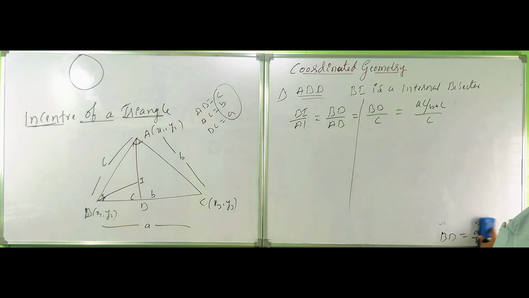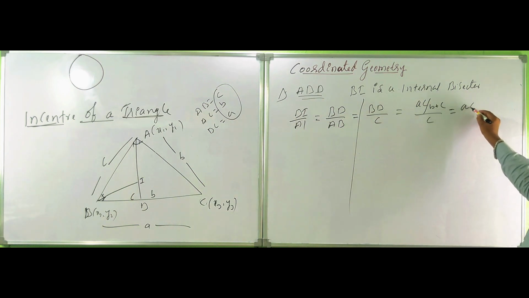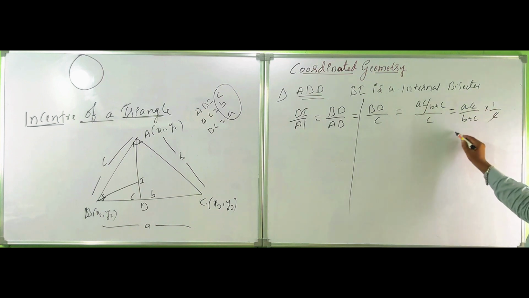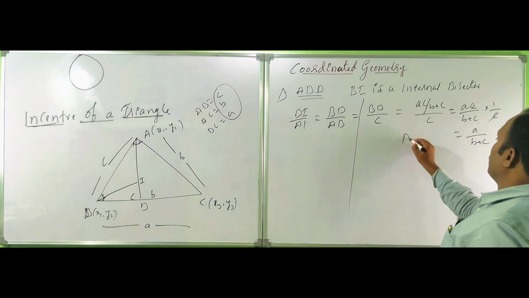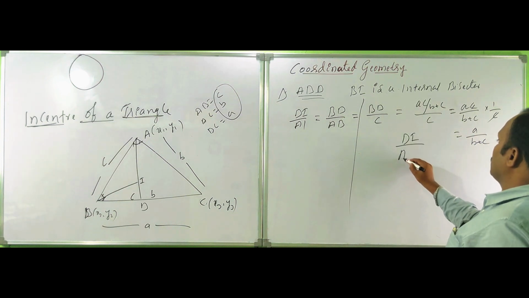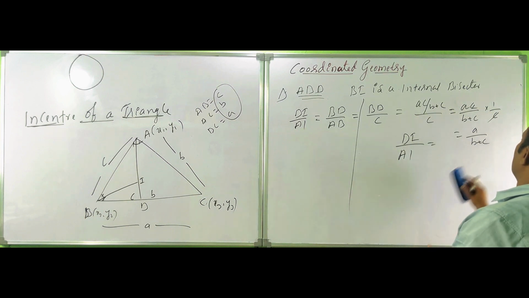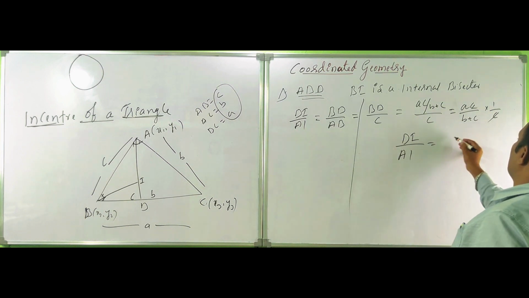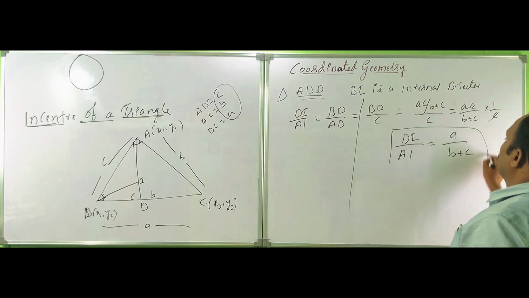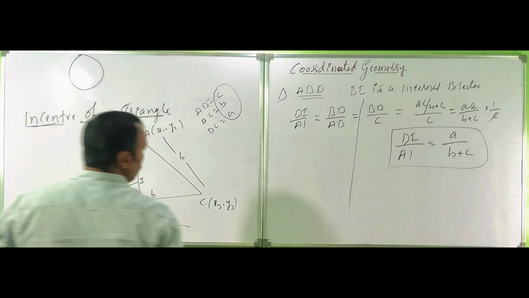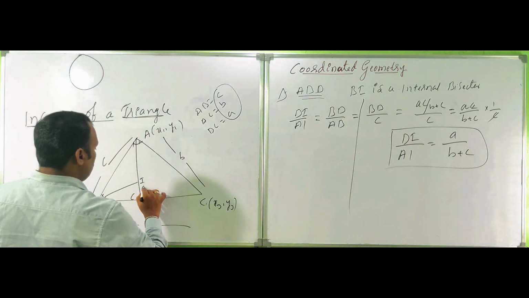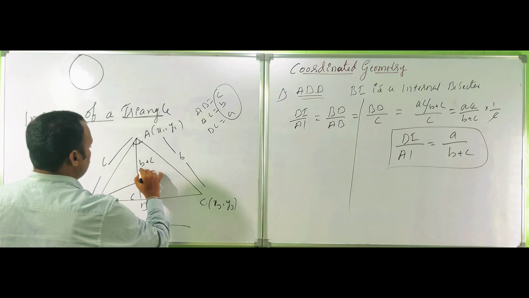Some minor mistakes here. This is ac by (b + c) into 1 over c. The c cancels, and this becomes a by (b + c). So DI by AI is equal to a by (b + c). This DI by AI is the ratio of a is to b plus c.